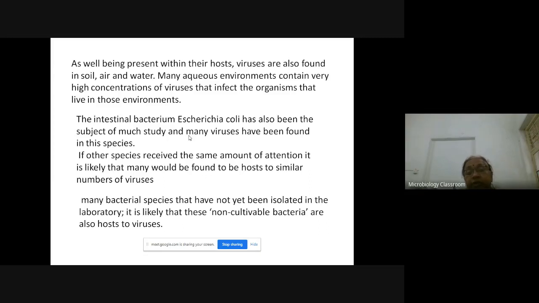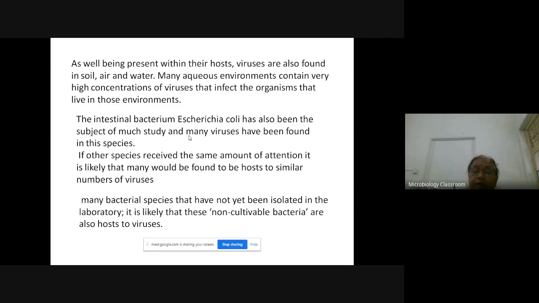This is about the existing microorganisms, and it should also be remembered that there are many types of bacteria, and many types of plants, which are yet to be discovered, yet to be isolated. And there is again a class of bacteria known as the non-cultivable bacteria.